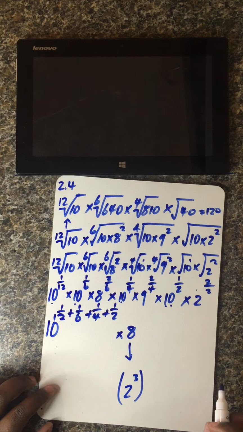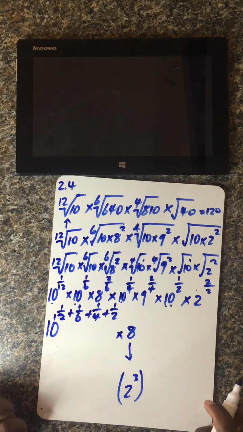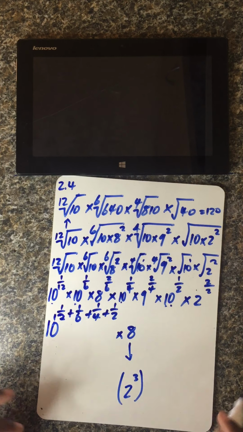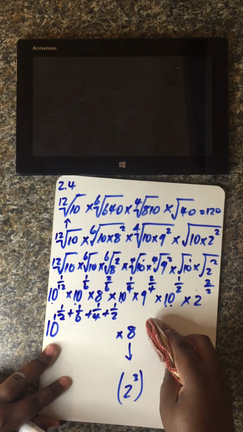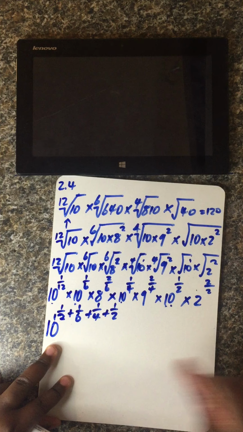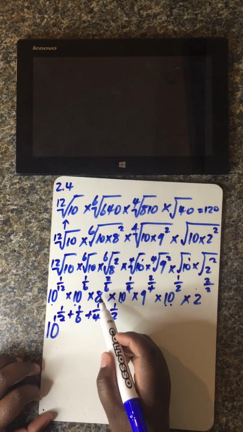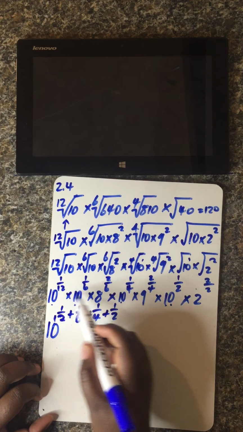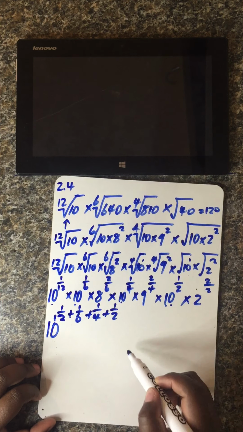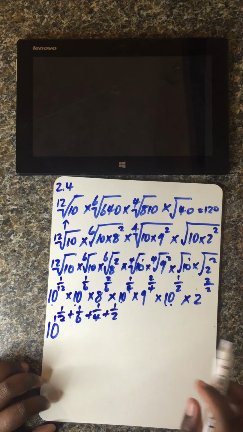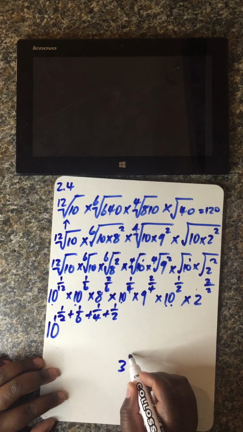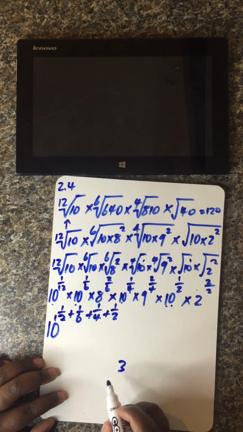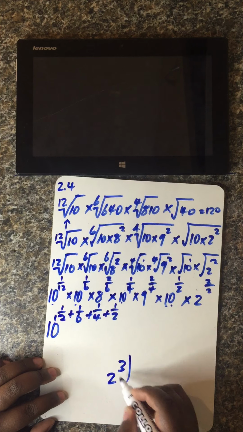So what I'm trying to explain to you guys, let me do it this way so that you fully understand where I'm coming from. Before I even write this step, I should have explained what I'm about to explain to you now. So 8 to the exponent 2 is the same as 2 to the exponent 3.